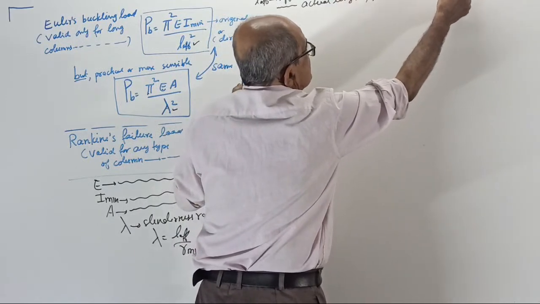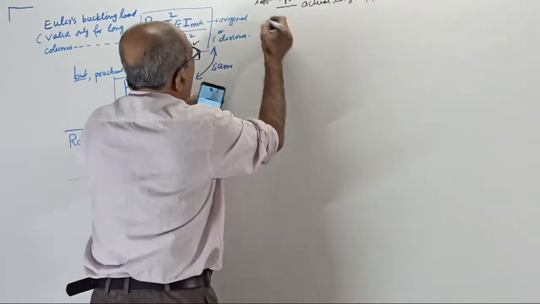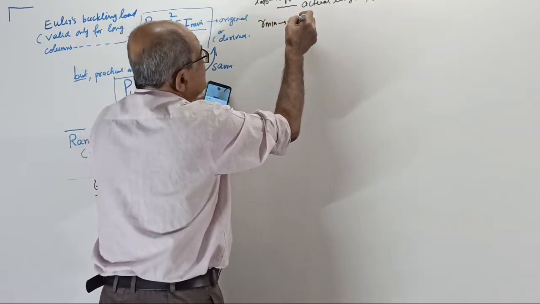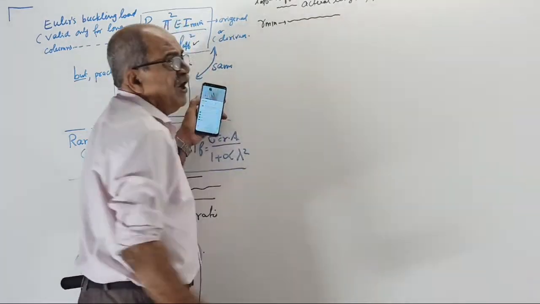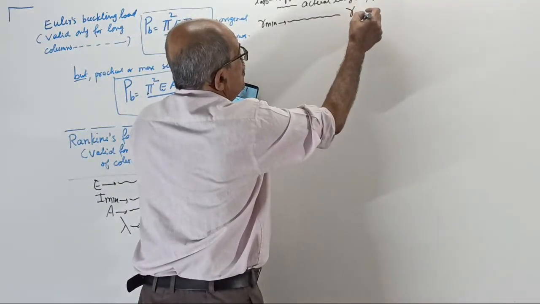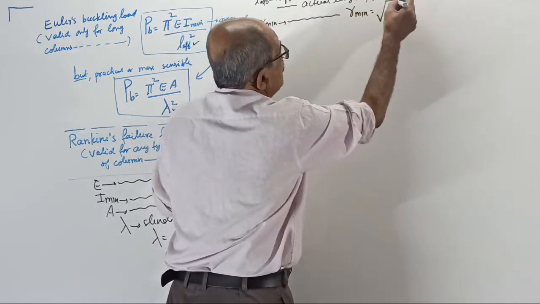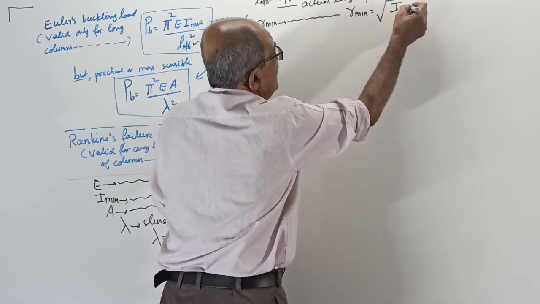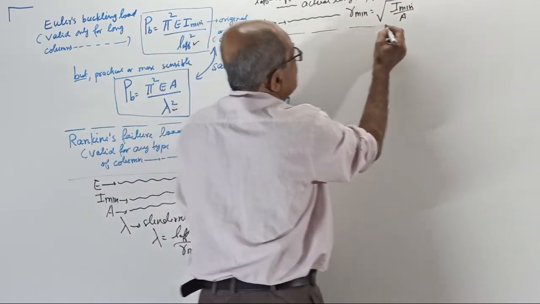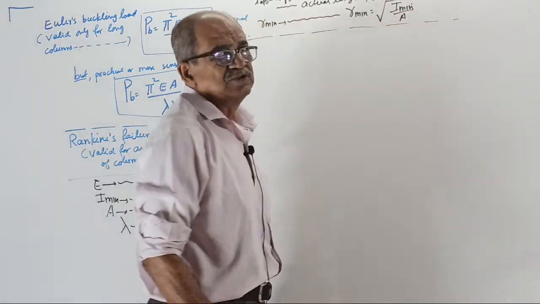Then R minimum is the least radius of gyration of cross section, and R minimum equal to square root of I minimum by A. Everything is over. Sufficient for me, space. Okay, this is also over.